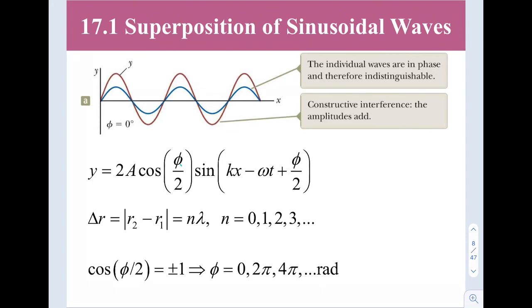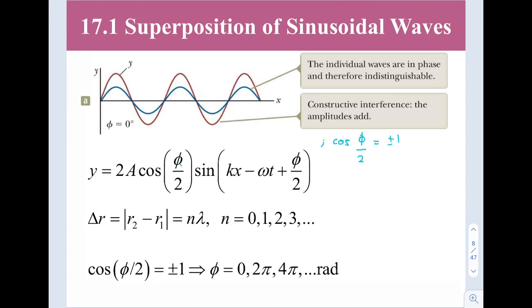What does that mean by in phase? Whenever cos(phi/2) is equivalent to plus or minus 1, this is the condition for constructive interference to happen.